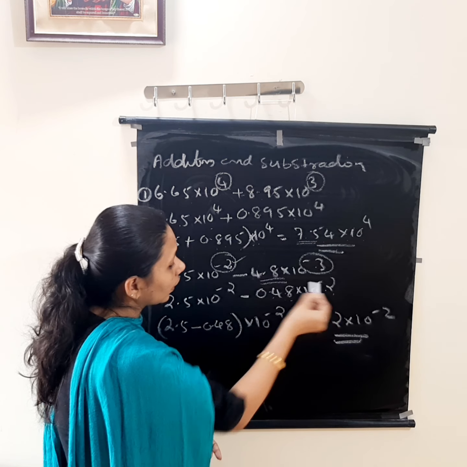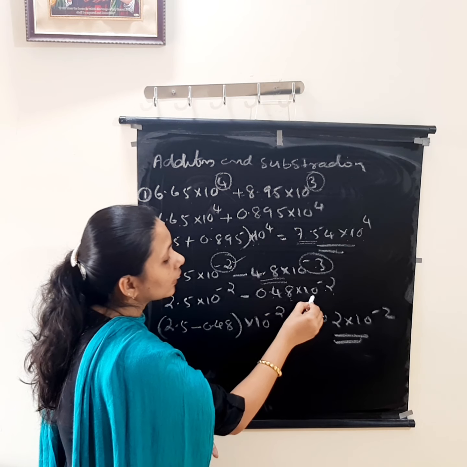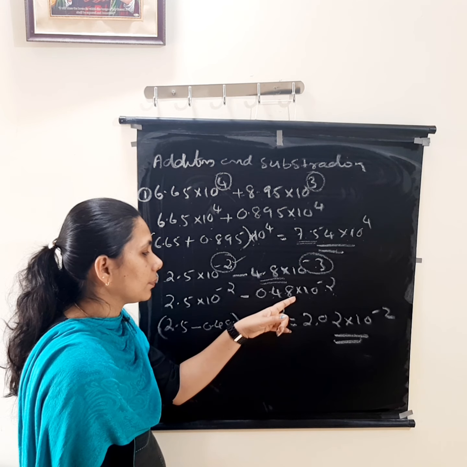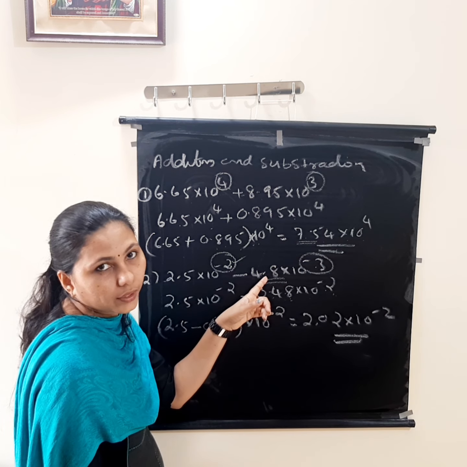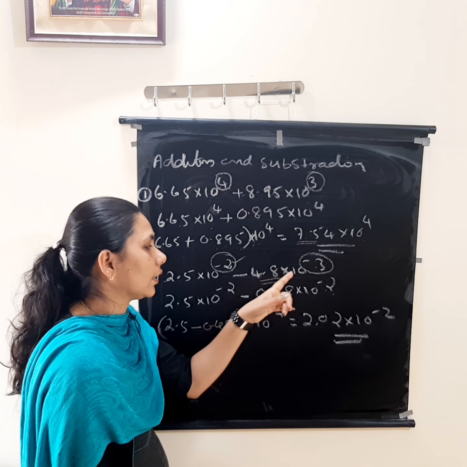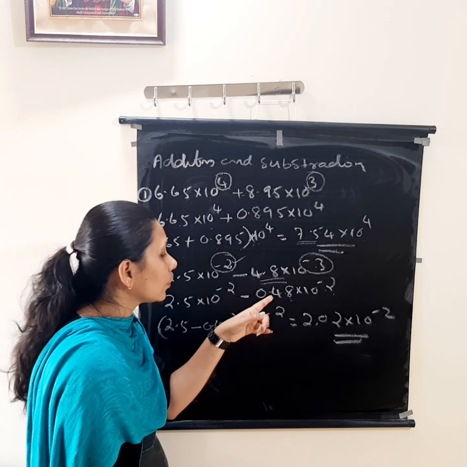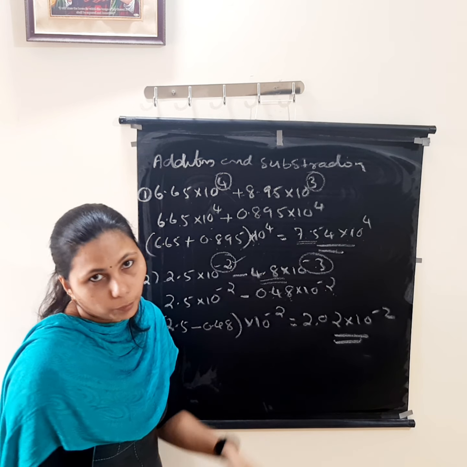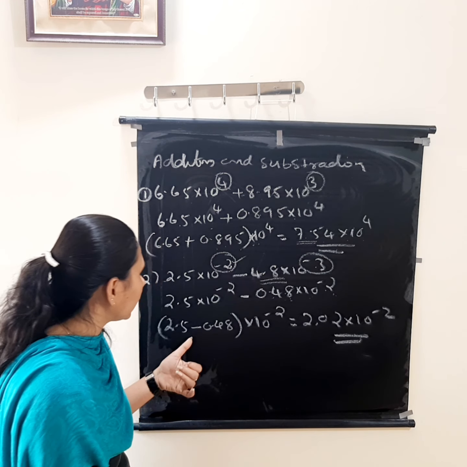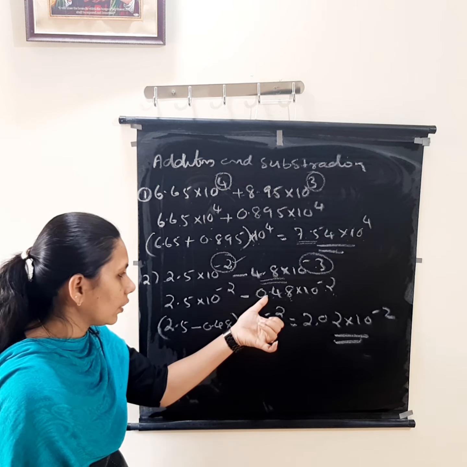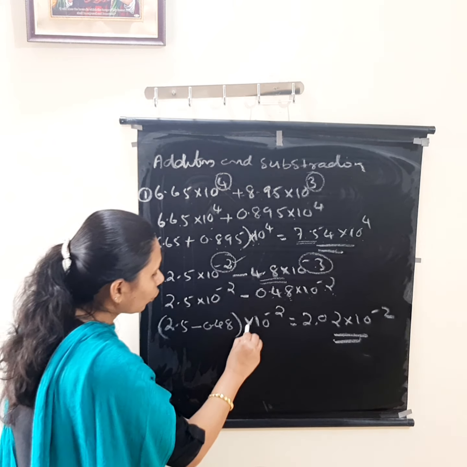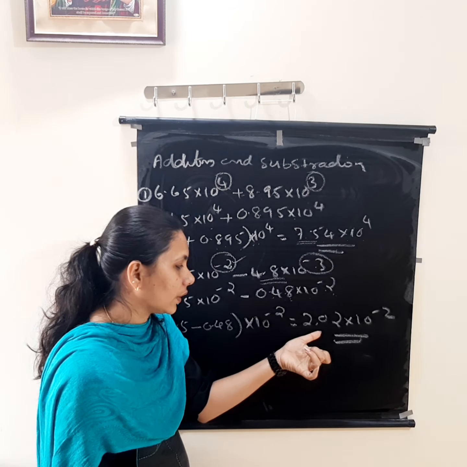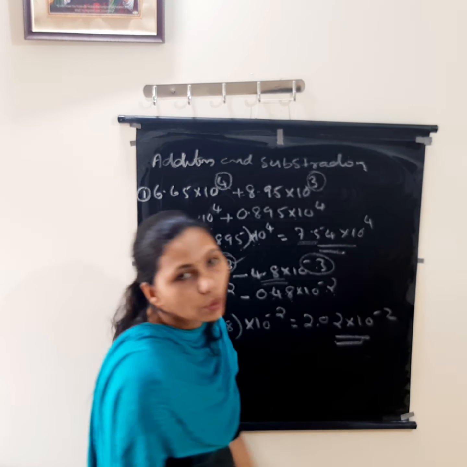Minus 2 means 0.48 into 10 raised to minus 2. Then if you multiply, we will get 4.8 into 10 raised to minus 3. So 0.48 into 10 raised to minus 2 gives us 4.8. Then 2.5 minus 0.48 into the common exponent 10 raised to minus 2. After doing the calculations, you will get 2.02 into 10 raised to minus 2.